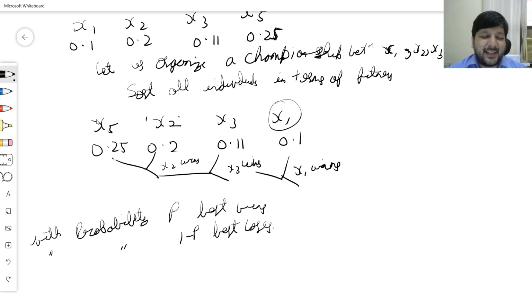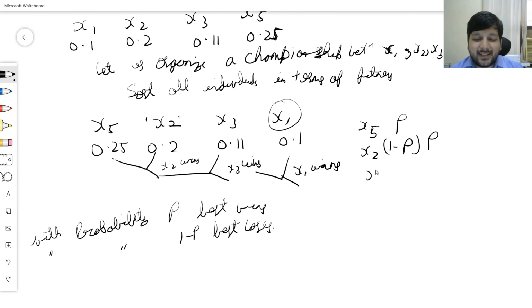So now you see the chances of x5 getting selected are actually pretty high, which is P. The chances that x2 wins is that it must win the first match between x5 and x2. So P is x5 wins, 1 minus P is x2 wins, and it must win the next match, x2 versus x3.